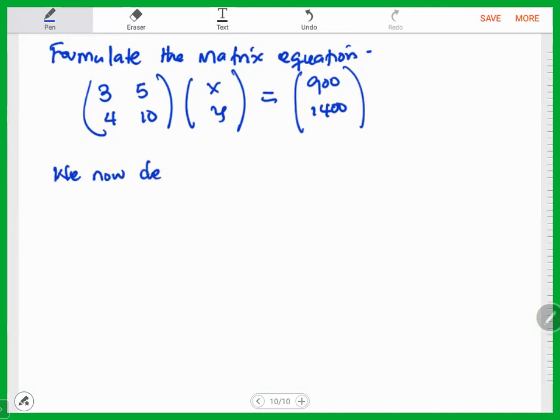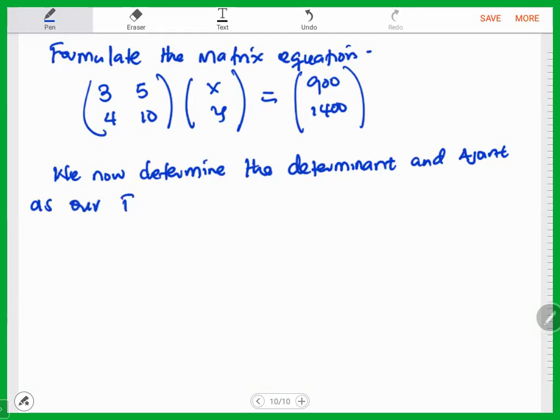So we now determine the determinant and adjoint as our inverse.